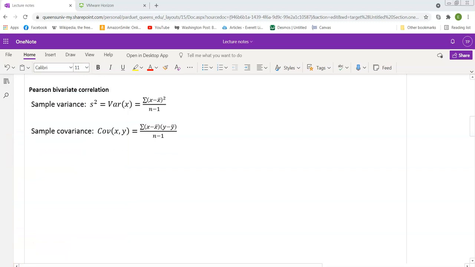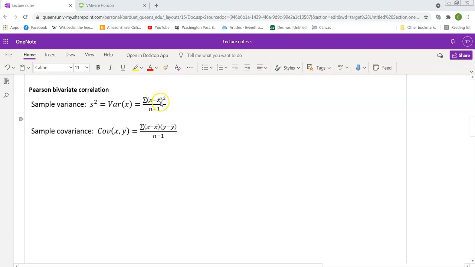Before we get into the correlation calculations, I wanted to give you a little bit of insight into how that calculation works. To do that, we first need to look at the sample variance and the sample covariance. Now, we've seen sample variance before, but just to refresh your memory, the sample variance is a way of looking at how much variability there is in X, in a single variable.